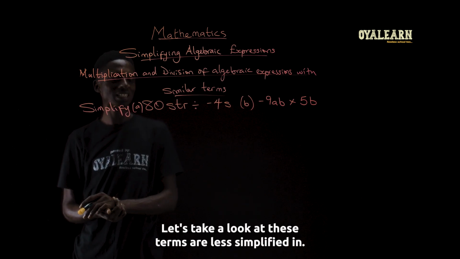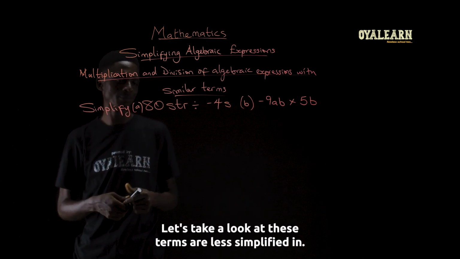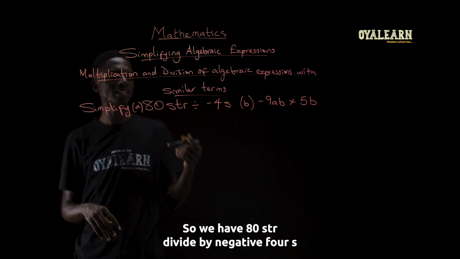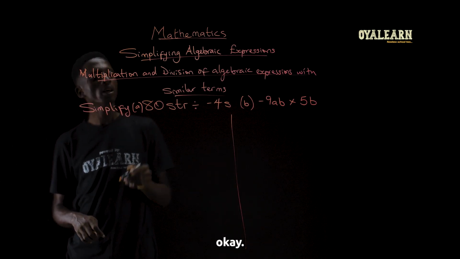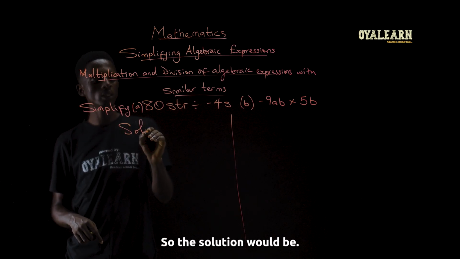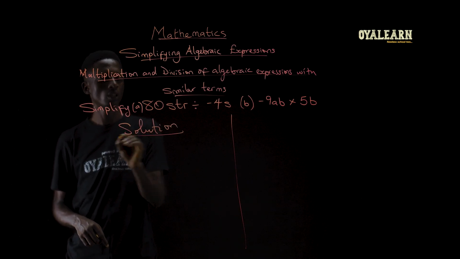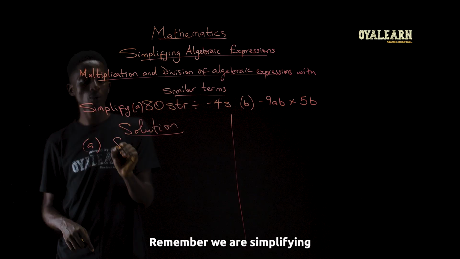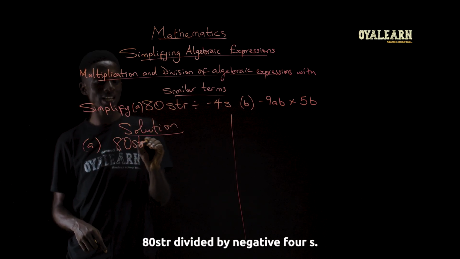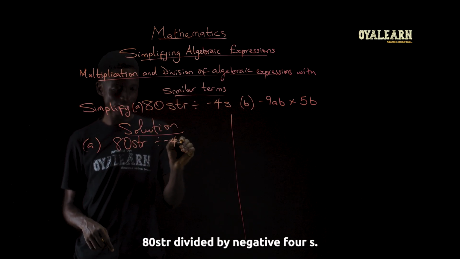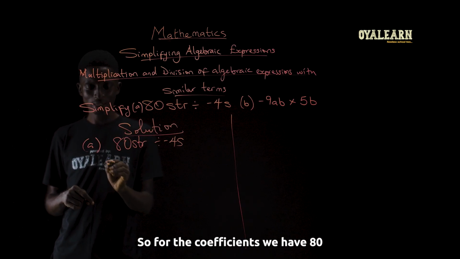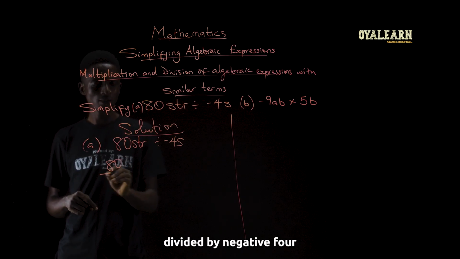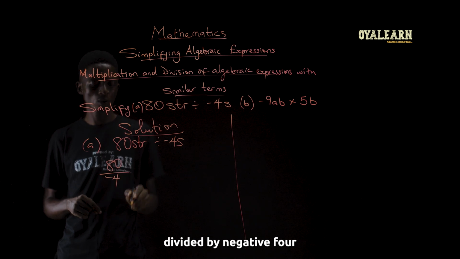Let's take a look at these terms and let's simplify them. So we have 80STR divided by negative 4S. Okay, so the solution would be, remember we are simplifying 80STR divided by negative 4S. So for the coefficients, we have 80 divided by negative 4.